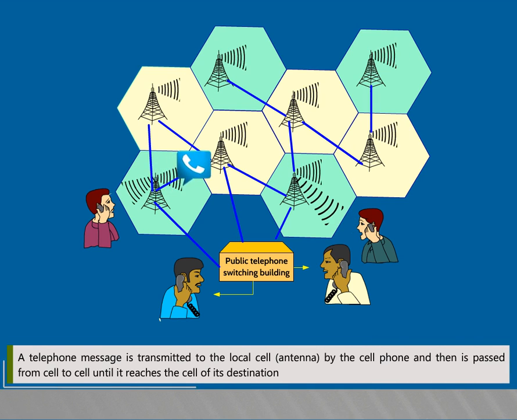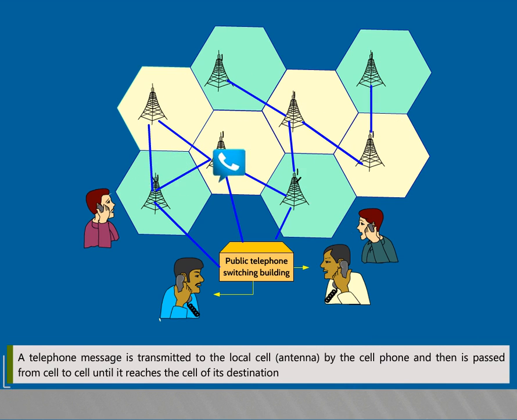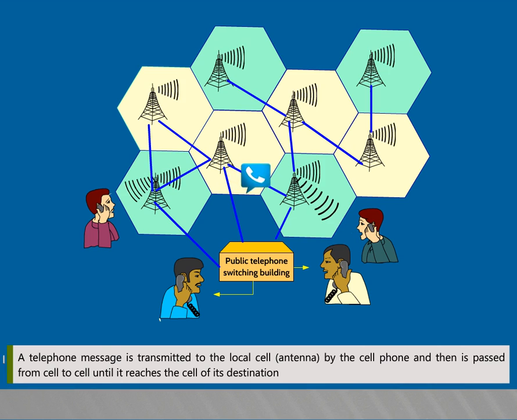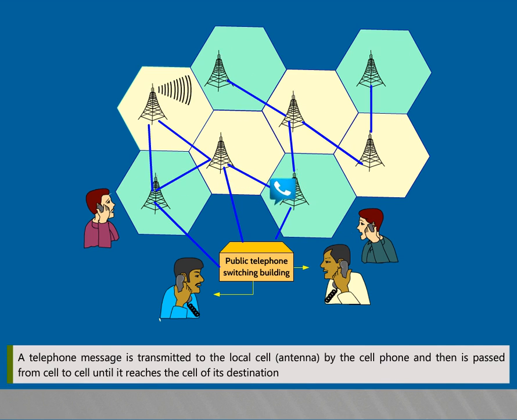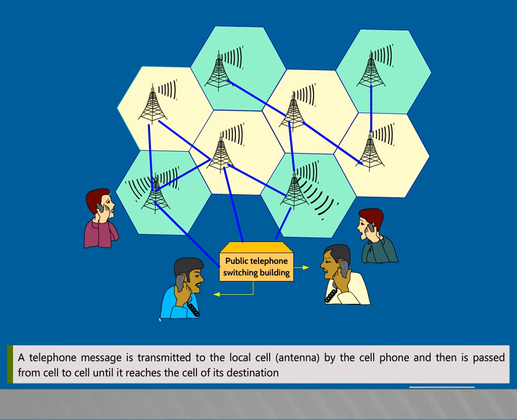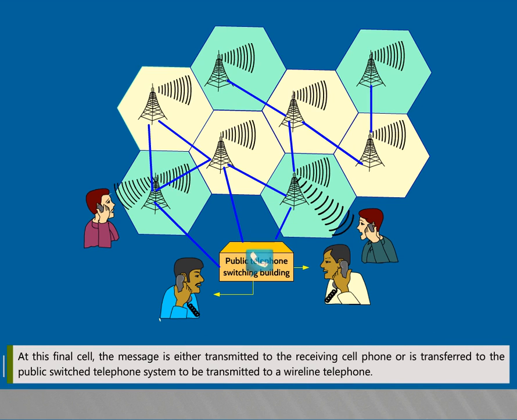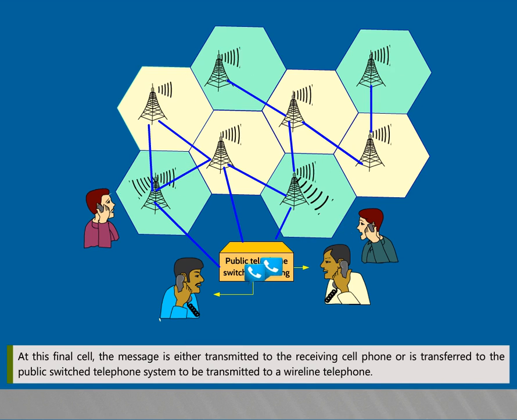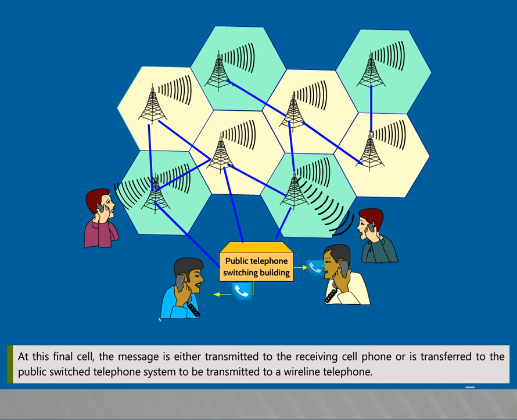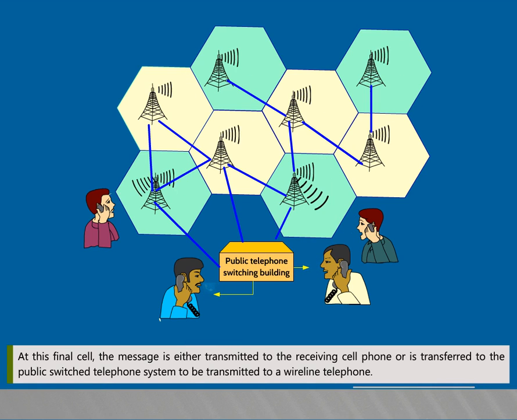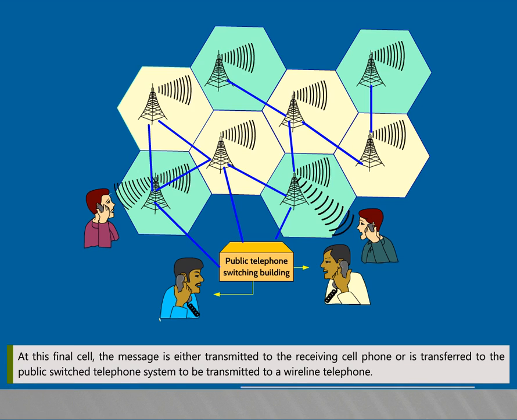A telephone message is transmitted to the local cell, that is antenna, by the cell phone and then is passed from cell to cell until it reaches the cell of its destination. At this final cell, the message is either transmitted to the receiving cell phone or is transferred to the public switched telephone system to be transmitted to a wireline telephone.